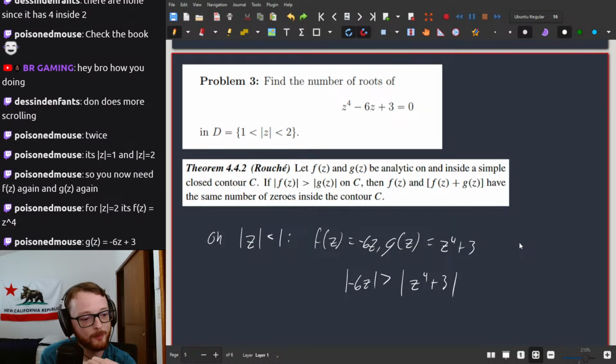And so you're saying it'd be z to the 4th for f? All right, I'm just gonna believe you because I don't feel like doing it.